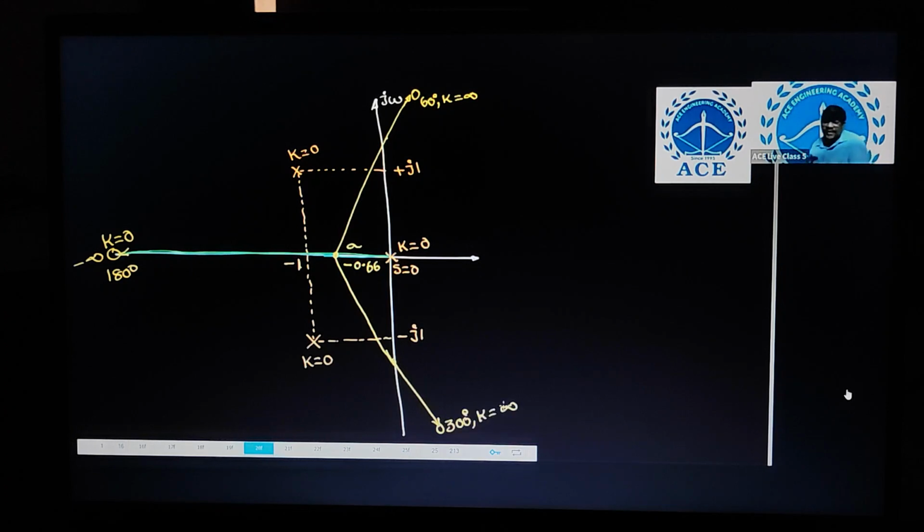So now count it: there are 3 poles and 3 zeros. Now draw the root locus diagram. Come on, all of you. What is the angle of departure? You got it. Angle of departure is minus 45, so draw like this, minus 45. Here angle of departure you got plus 45.